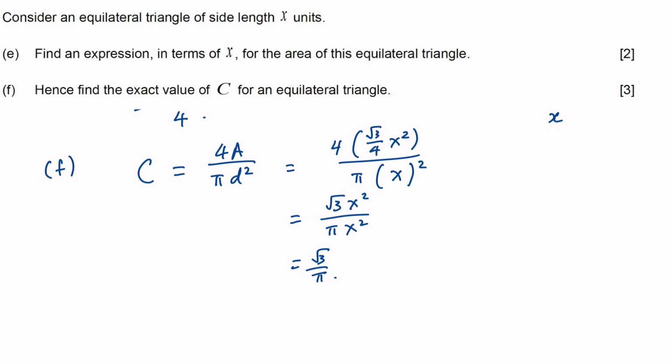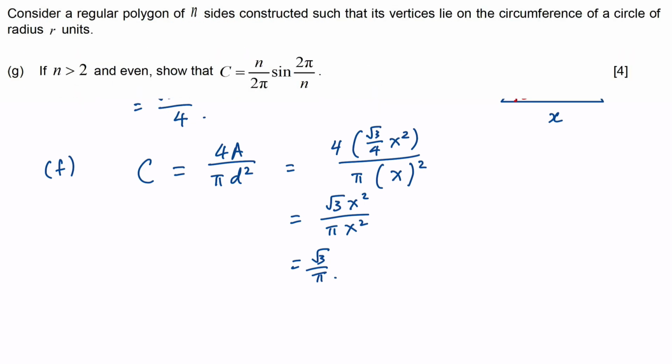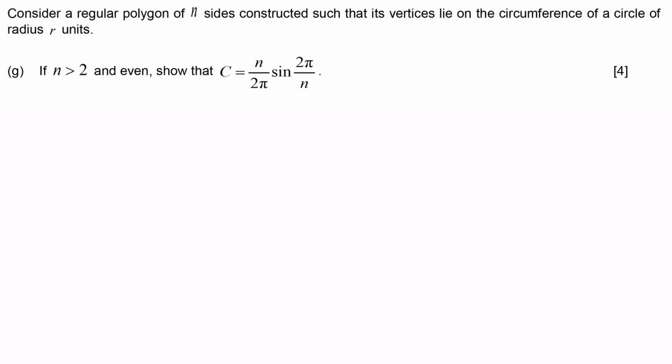So this question is building up to something, quite clearly. Let's look at the next part. Consider a regular polygon of n sides now, constructed such that its vertices lie on the circumference of a circle of radius r units. So we have some polygon. I don't know how many sides my polygon has, it's just n. So I'll draw a picture like this, and then there will be more sides.